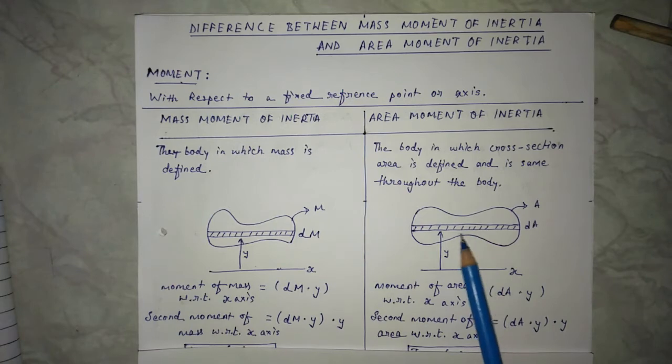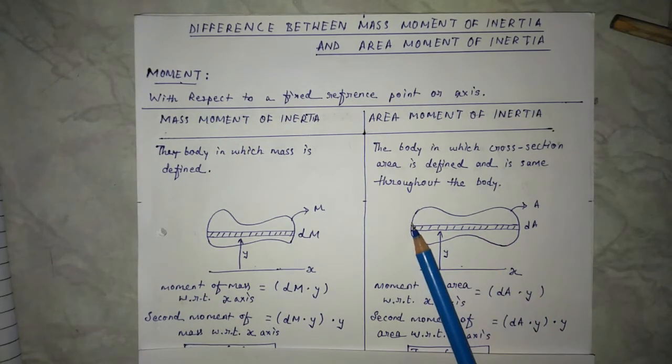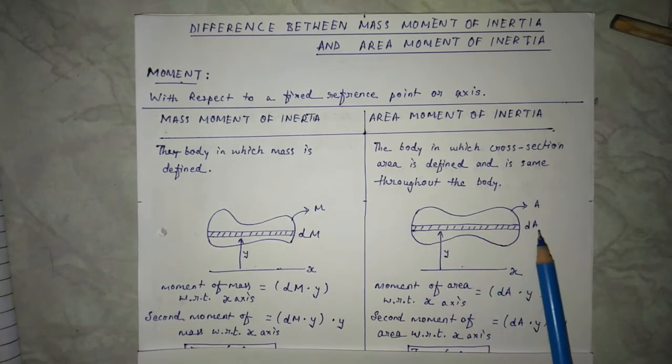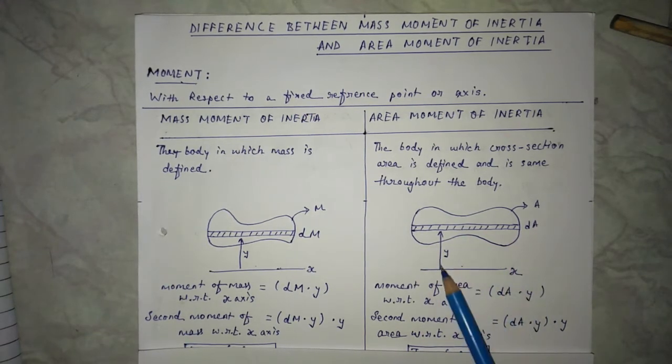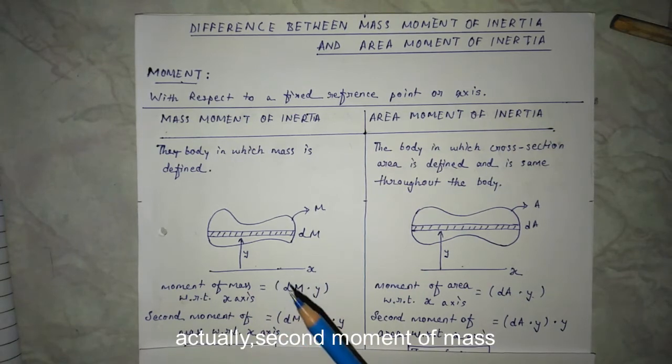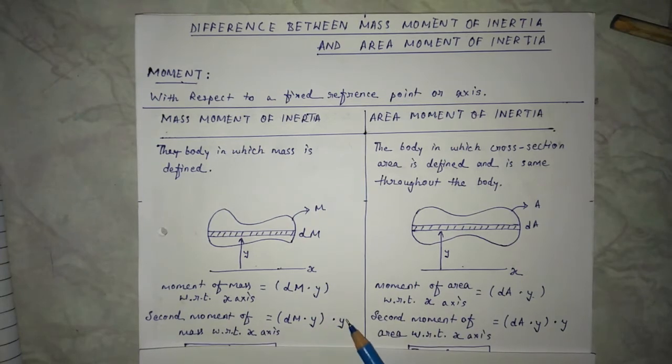Similarly over here, when we take a body with some cross section area dA, and the distance from the x-axis is y, then when we take the moment of area around this x-axis, we get dA multiplied by y. Now when we take the second moment, we take the moment another time, so we multiply by y again, and over here also multiply by y again.